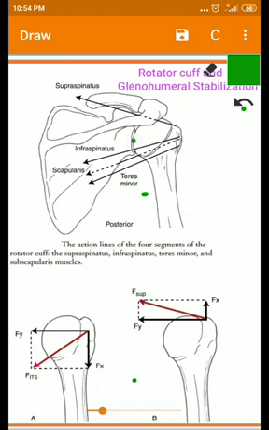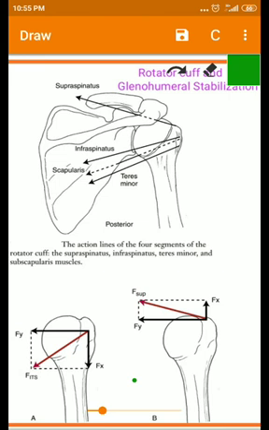So because of all these functions, although these muscles help in the abduction movement, they also provide stabilization, so as not to translate anteriorly and posteriorly, and maintain the center of the humerus in contact.